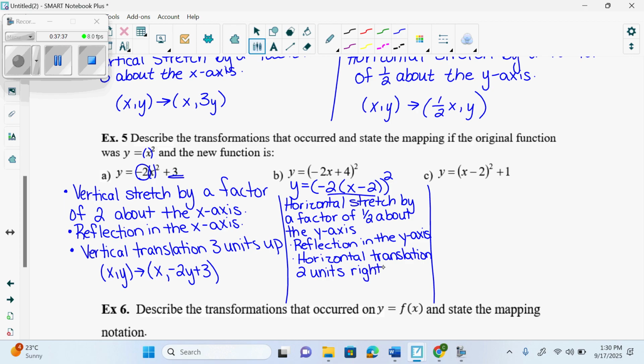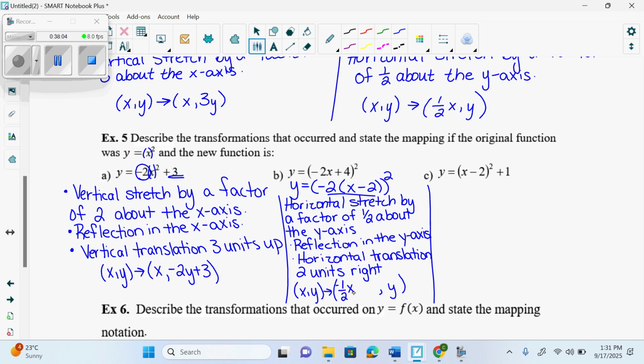Okay. Now what we have in words and mapping. Nothing's happening to my y. It's just going to stay. In words, I have a horizontal stretch by 1/2. So in mapping, I'm going to use 1/2. And then the reflection makes that 1/2 be negative. So we know we have a -1/2 x.